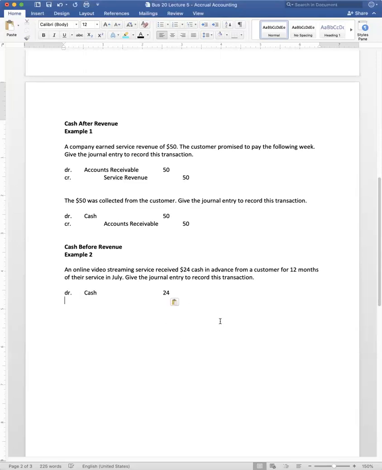All right. Now, is the credit going to be revenue? Well, in order for the credit to be revenue, the revenue has to be earned. That means the company has to have done their part. So has this company earned the revenue? No, they haven't even started, right? It's a streaming service. They have to provide access to the streaming service. They have to provide the content in order to earn the revenue. So they're not going to fully earn that revenue for 12 months because that's how long they've promised to give that.